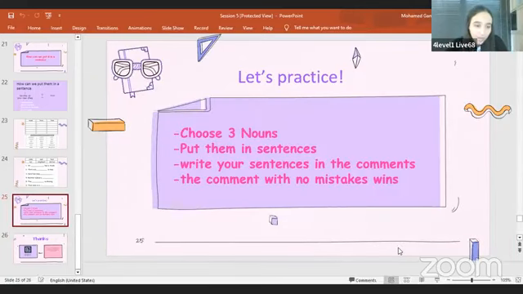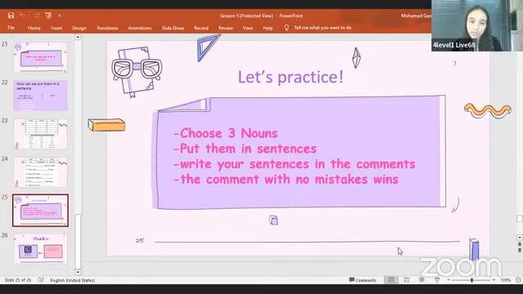Okay, so let's do the last exercise. I need you, very quickly, to write for me 3 nouns and put them in one sentence. We looked at the form, how we make a sentence with a noun. It is subject, I, plus verb to be, am, a teacher, noun. Can you give me the same or similar sentences?